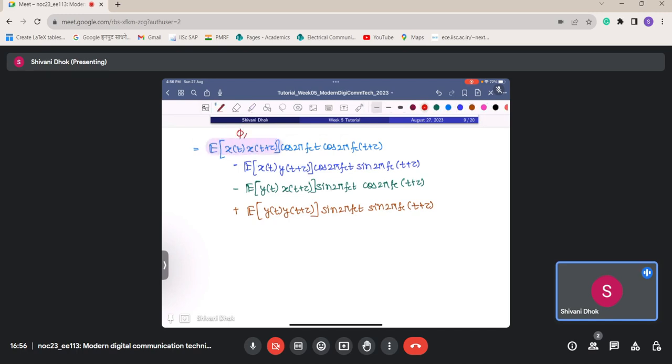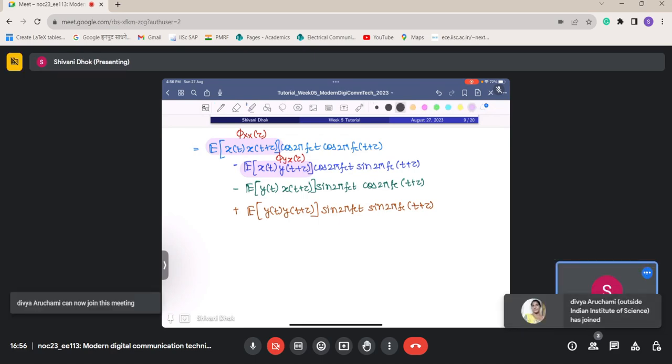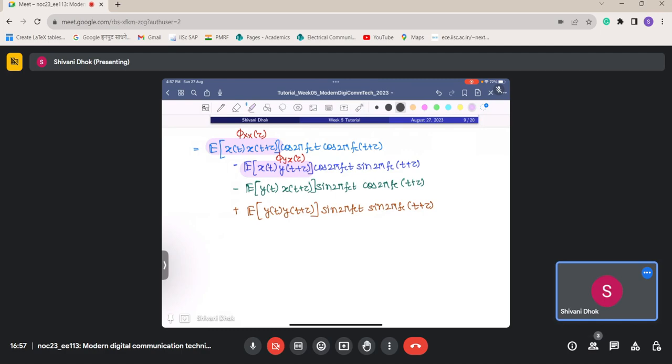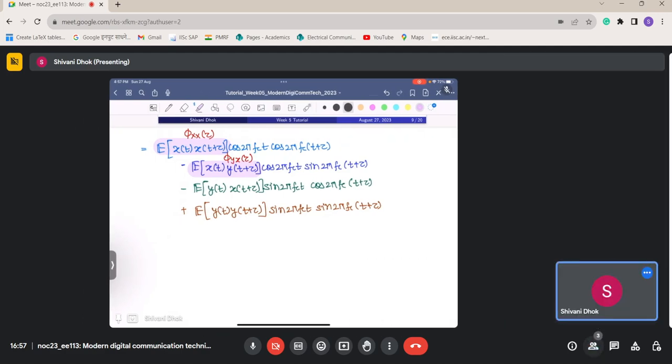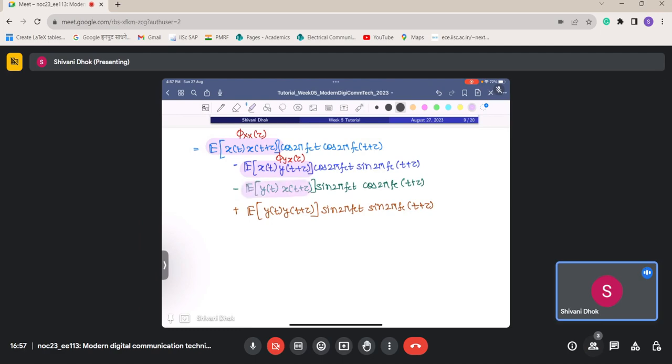Okay, and this quantity here is simply phi xx of tau. This quantity here is phi yx of tau. This quantity here is phi xy of tau.